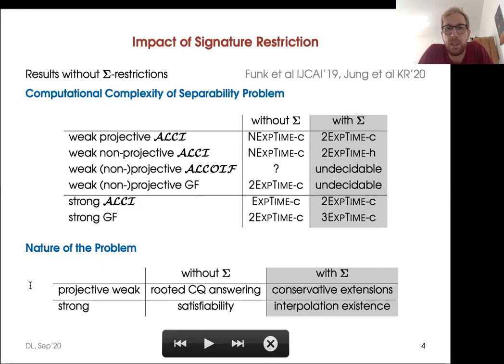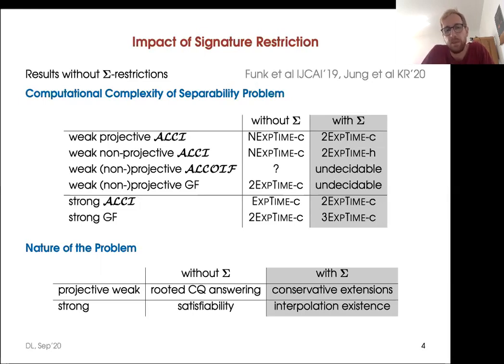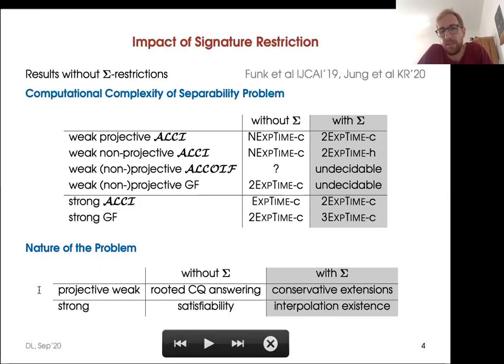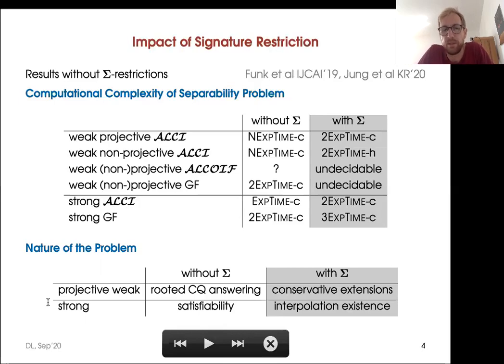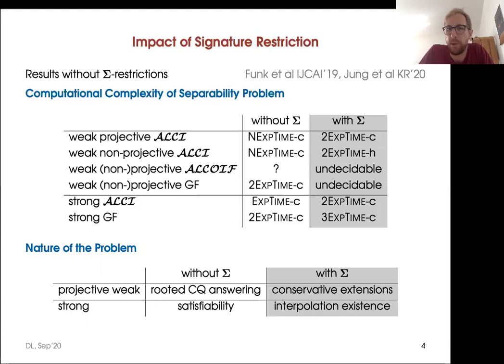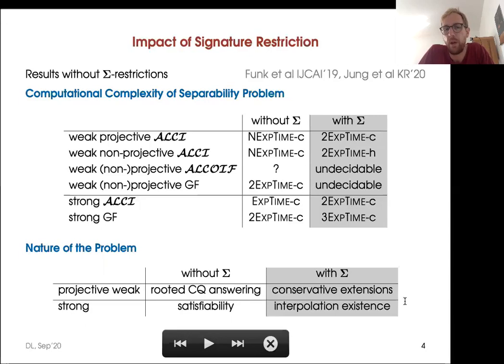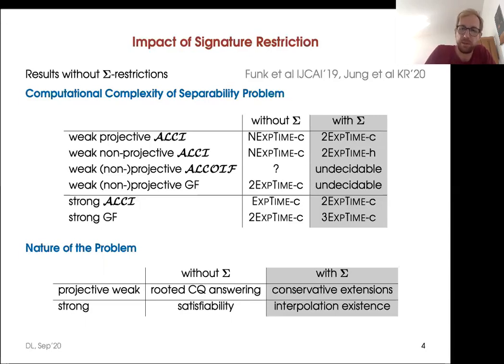Without a signature in the input, projective weak separability is more or less related to rooted conjunctive query answering. And strong separability is related to the satisfiability problem. If we add the additional signature, then the problem changes its nature. The separability problem is then very close to conservative extensions or to interpolation existence. I will go into the details a little bit more in the next couple of slides.